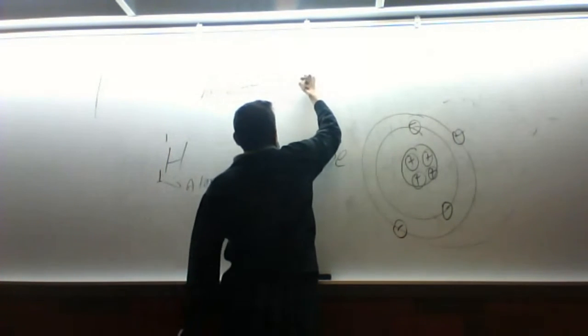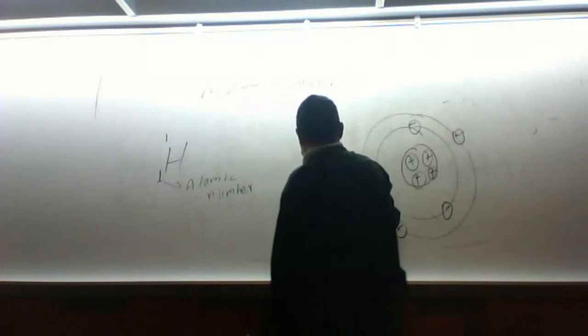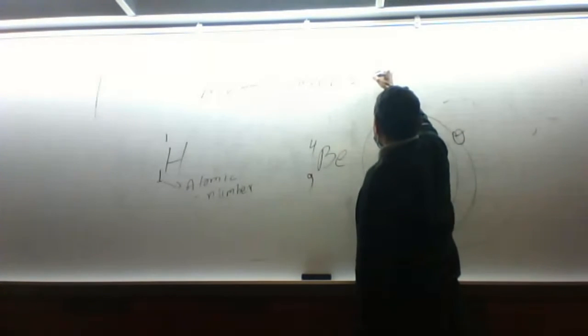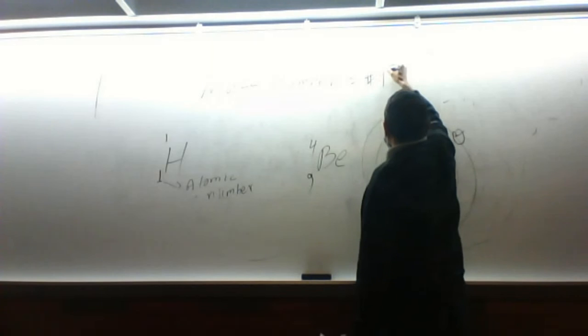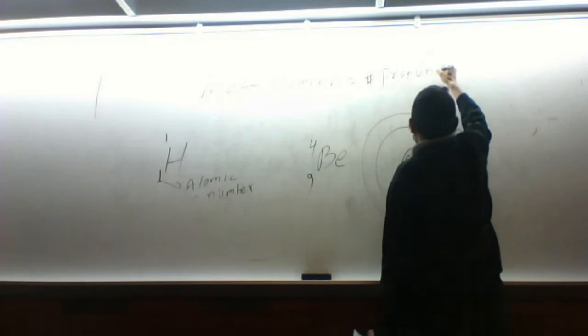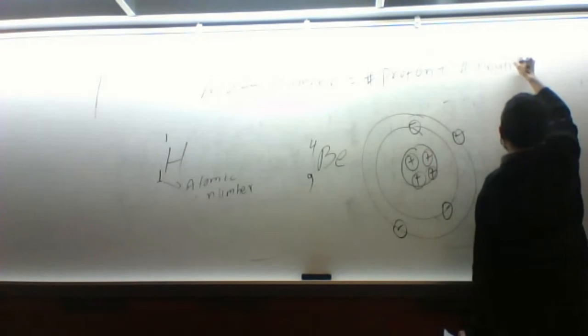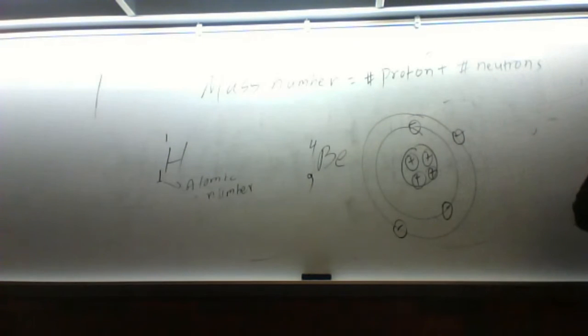The bigger number is the mass number. The mass number is the number of protons plus the number of neutrons. In the nucleus there are some protons and some neutrons, and if you sum the mass of both particles, that's the mass number.